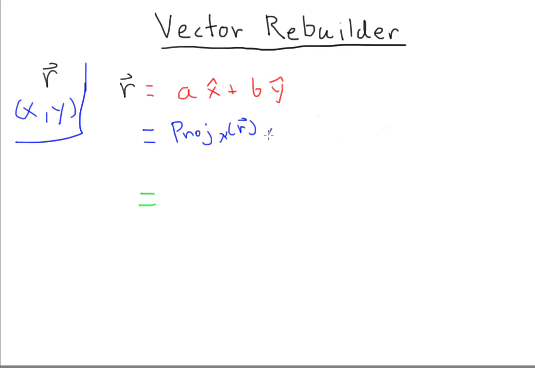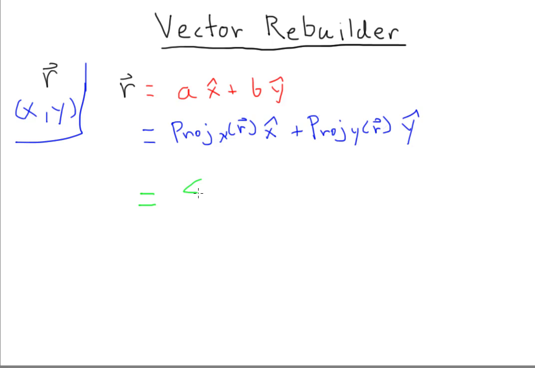That'll give us A, and then I need x hat to tell me that I'm going A in the x hat direction. And I do the same thing in y. It'll give me B, and then I need to multiply that by y hat. This maybe doesn't seem simpler or more useful, but we'll see when we start doing Fourier series that this is a nice way of thinking about building up this vector r.